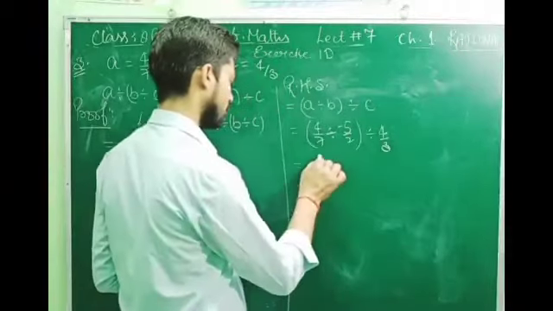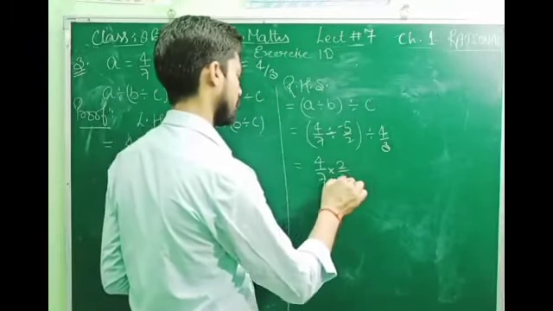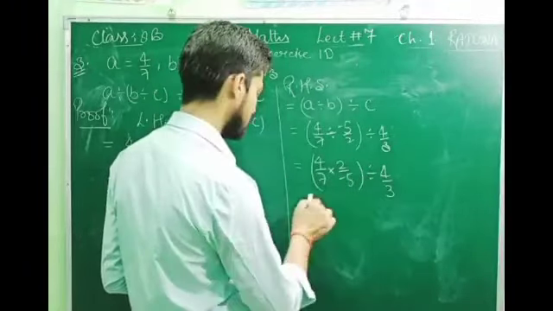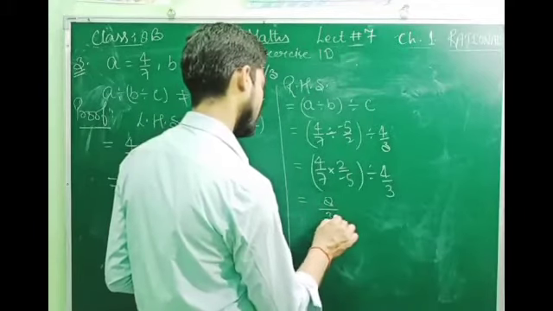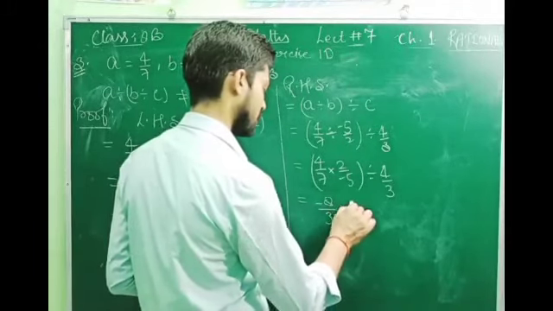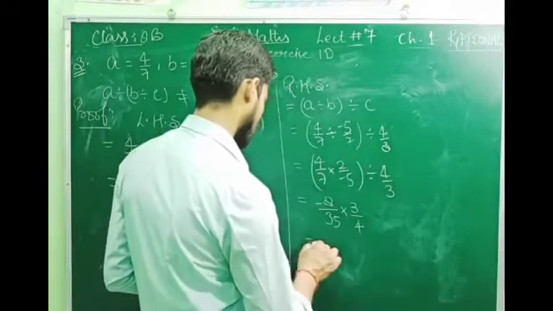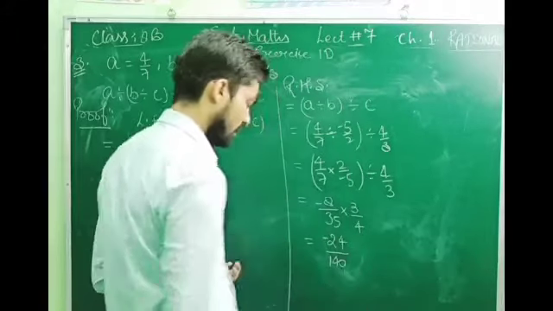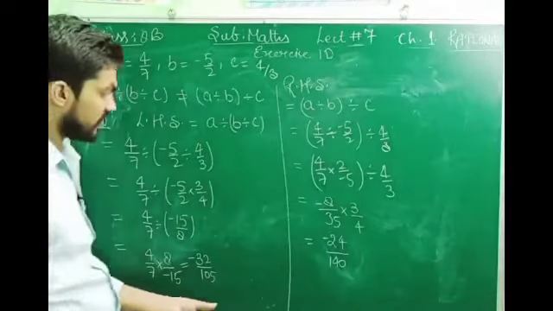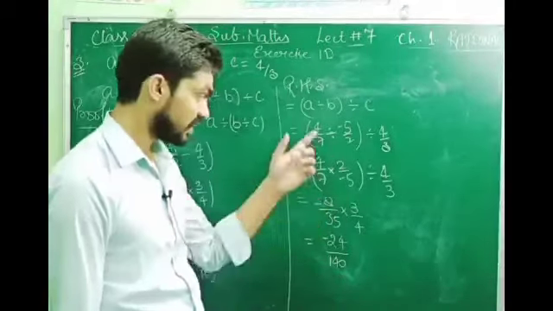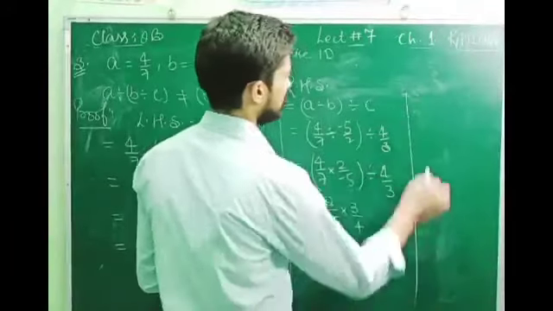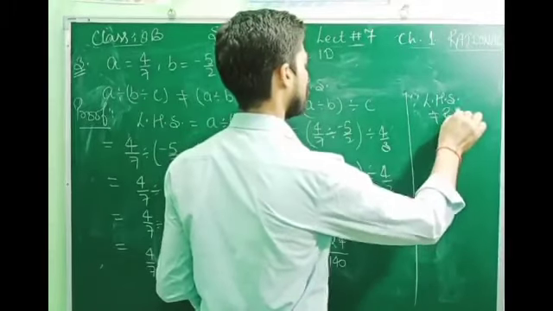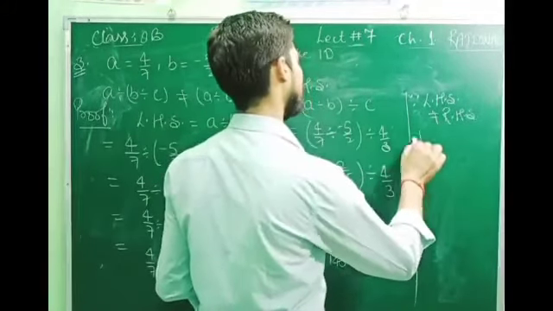Now, nothing is divisible. 8 by 35 minus, 8 3s are 24. What is LHS? 32 by 105. RHS minus 24 by 140. Are they equal? No. So you will write, since they are not equal, hence verified or hence proved.